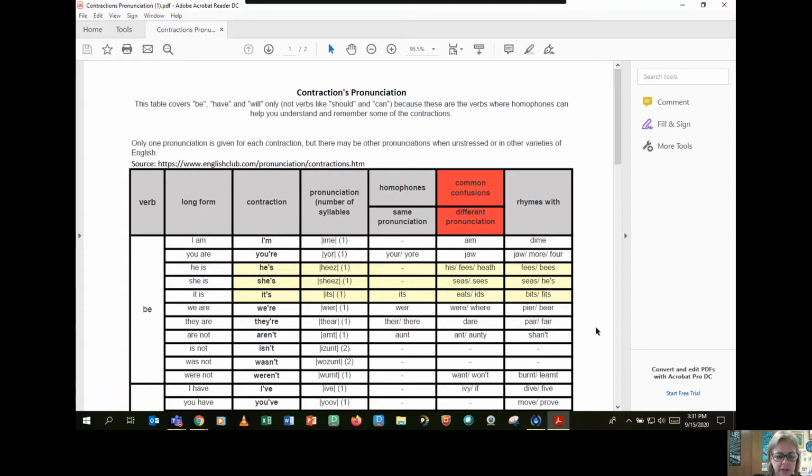A lot of times my students will see a contraction, but they still want to say the words, like have not. And there is a problem with that, because in English, contractions are very informal the way we use them.